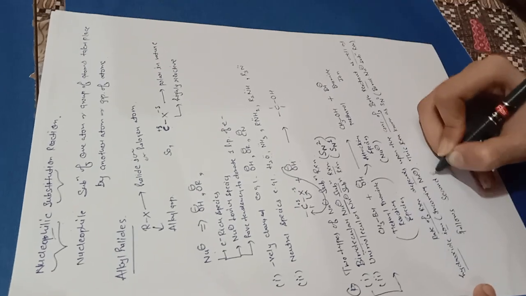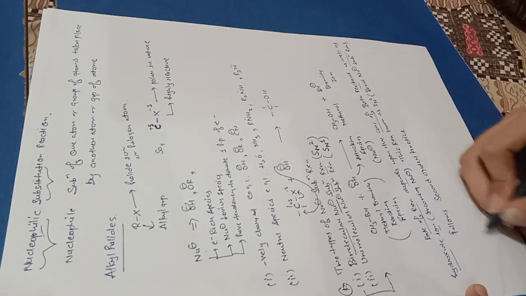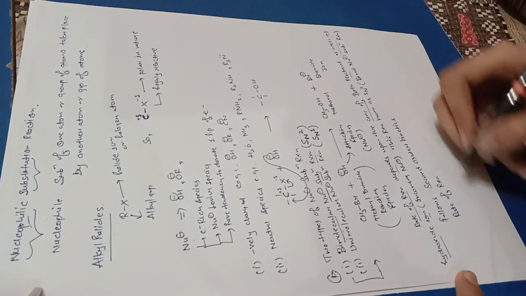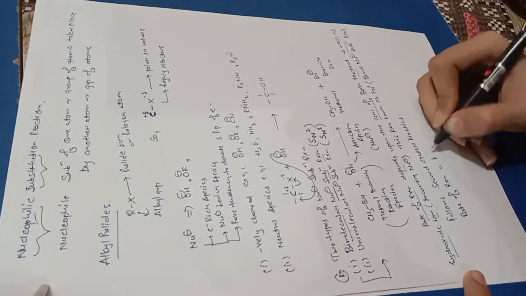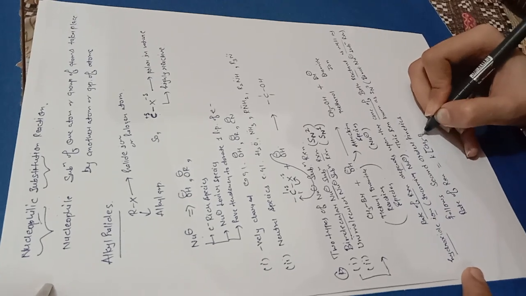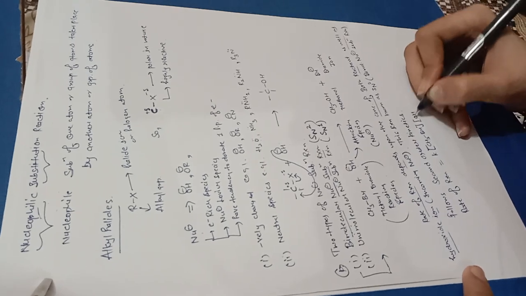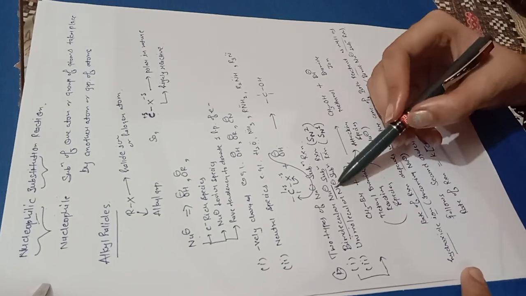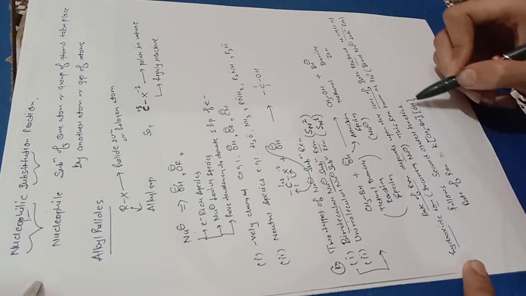Rate of reaction may be expressed as rate equals K, the rate constant, times the concentration of methyl bromide, one of the reacting species, times the concentration of hydroxide ion, the incoming nucleophile. So SN2 follows second order kinetics.